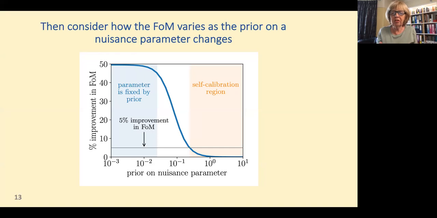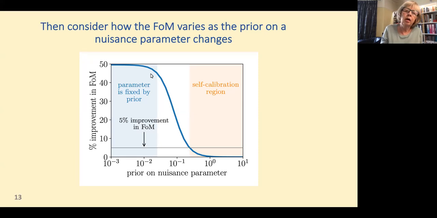Normally, you would want a tight prior to constrain the figure of merit. So if you consider what happens if you start with a very wide prior and then narrow it, at first, the figure of merit doesn't change very much because one wide prior is just as uninformative as another. As you tighten the prior more, the figure of merit starts to rise quite sharply.